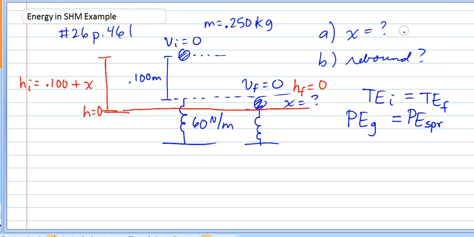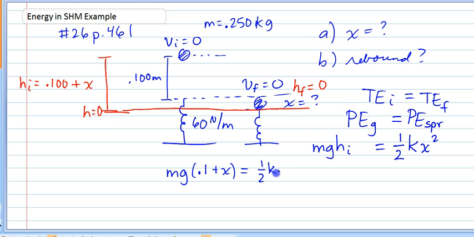So what this means is that the expression for gravitational potential energy is going to be mg h initial, and that's going to be equal to 1/2 kx squared. So we plug in that h initial is actually 0.1 plus x, and then on the other side we have 1/2 kx squared.